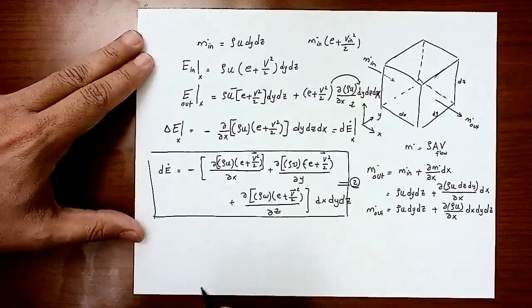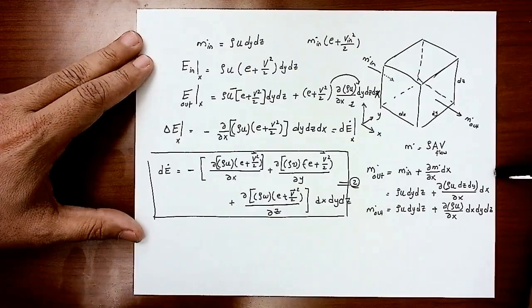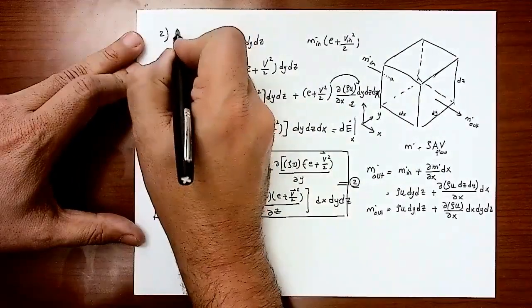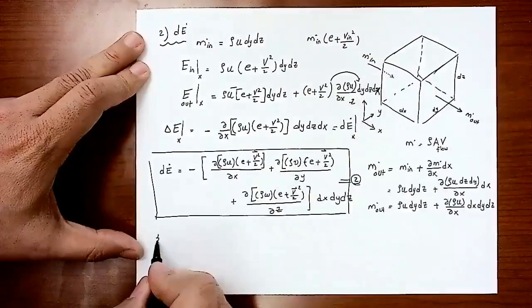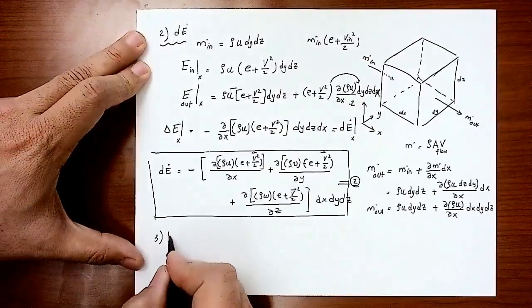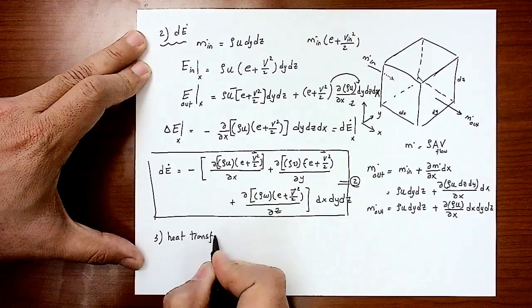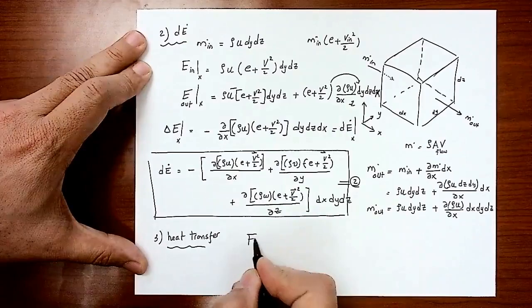So number 1 was actually the energy in the control volume. This is number 2. This is actually dE dot. That's what we are looking for. Number 3, I'm going to look at the heat transfer. We all know Fourier's law for conduction.